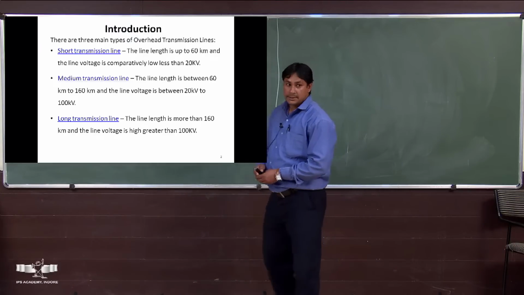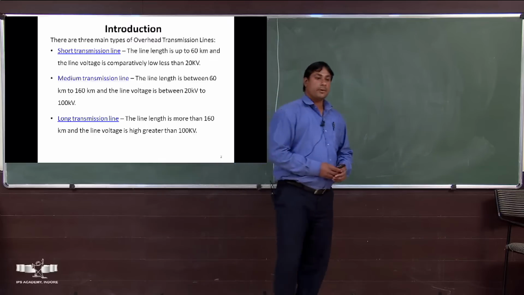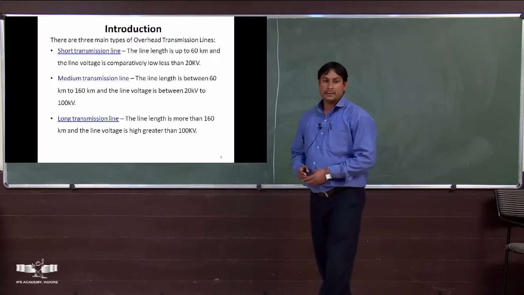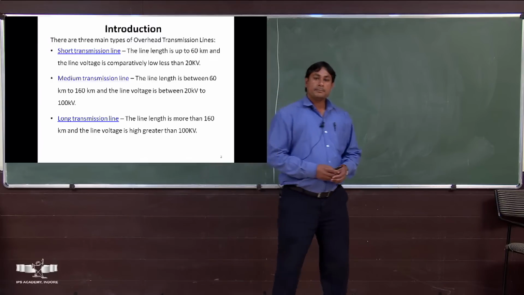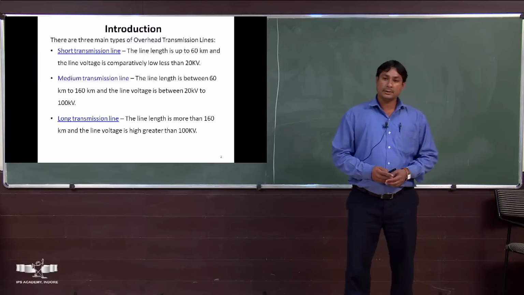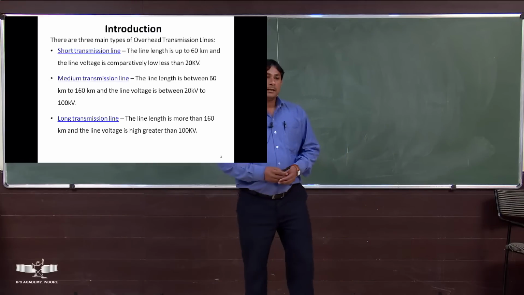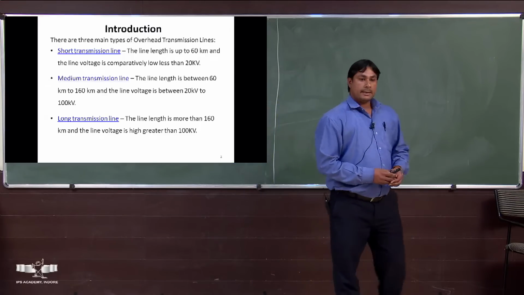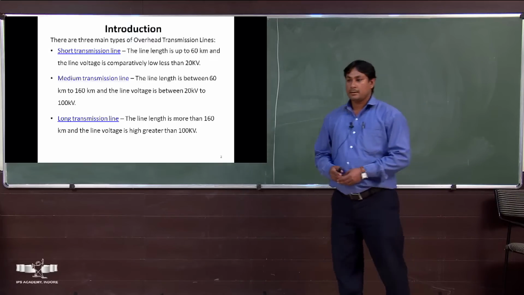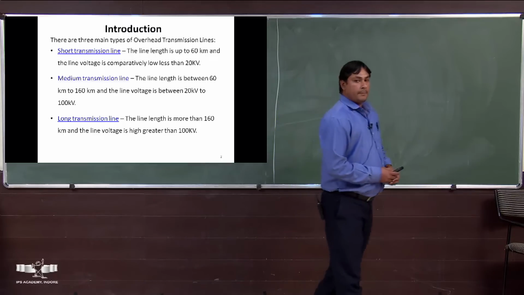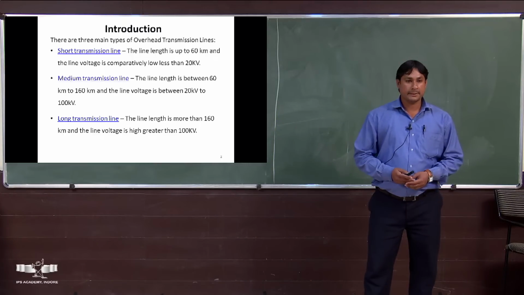The third is the long transmission line, with a length of more than 160 kilometers and up to 1000 kilometers, and a voltage level obviously greater than 100 kV.